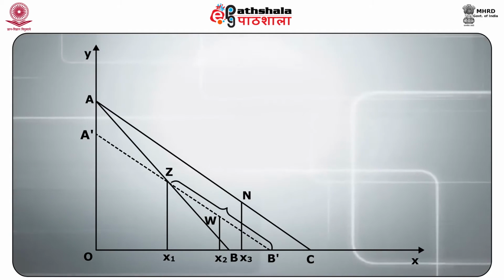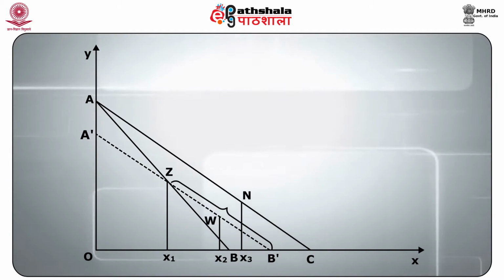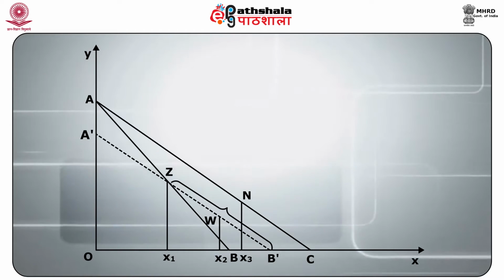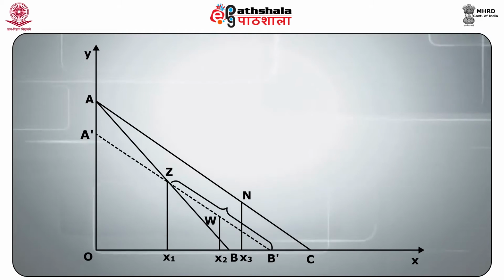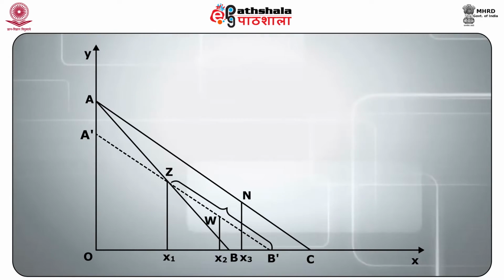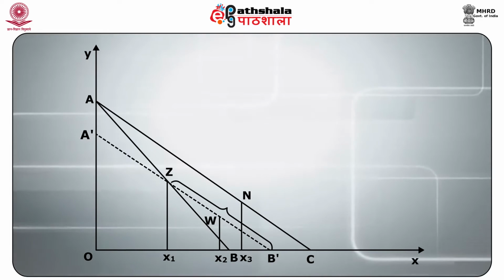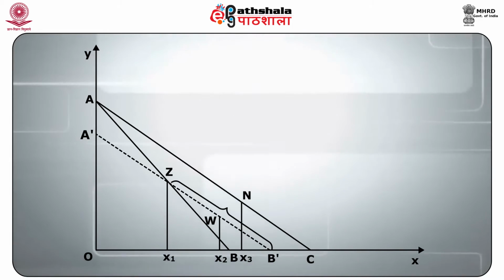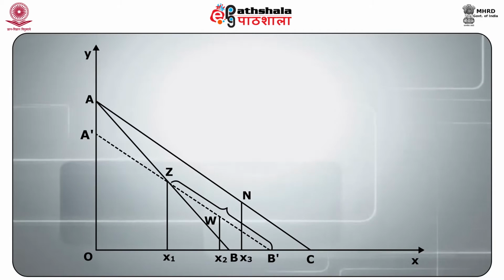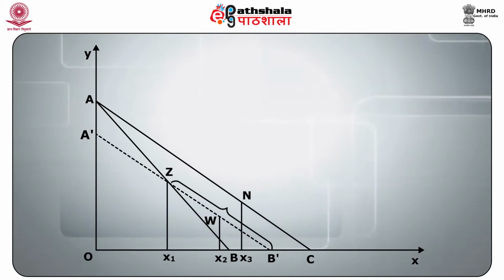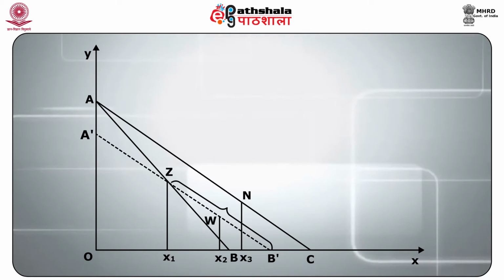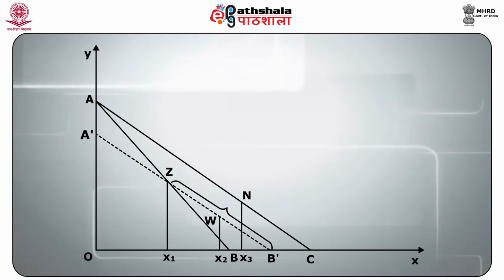None of those preferences would actually be realized, or they would not even be considered. But all the combinations, all the choices that lie to the right of Z, that is from Z up to B prime along ZB prime, could be considered.